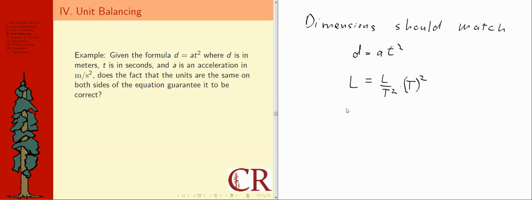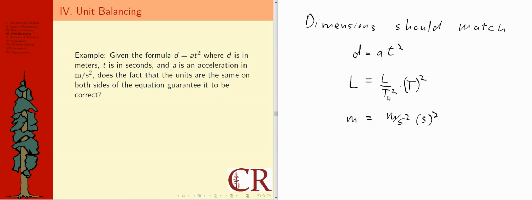Somebody else doing this, if you asked, hey, are we doing unit analysis or dimension analysis? I guess I did a dimensions type of analysis. But if somebody else said, I'm going to do it with units, meters is equal to meters per second squared, which is pretty clear because that's what was given, times seconds, which in turn was squared, you could do that too, and you really get to the same result.